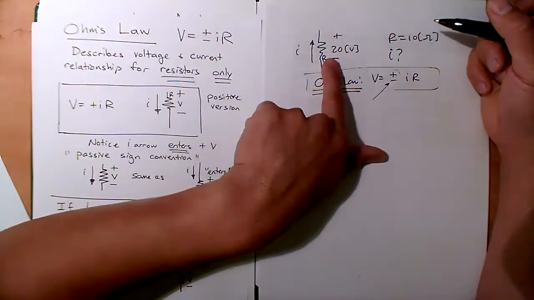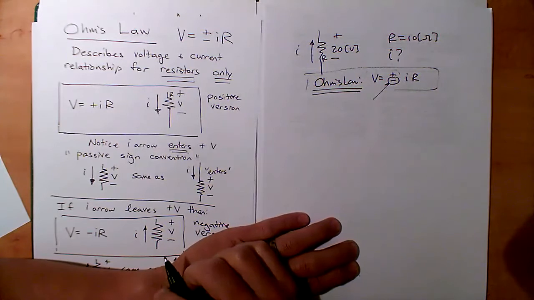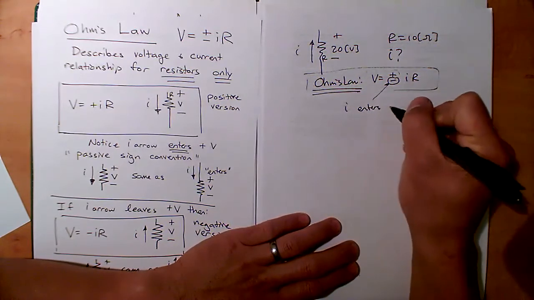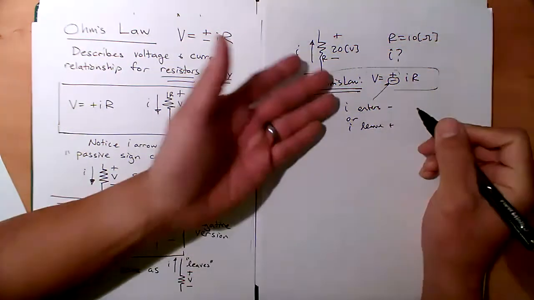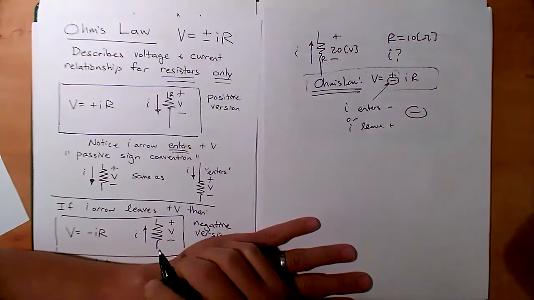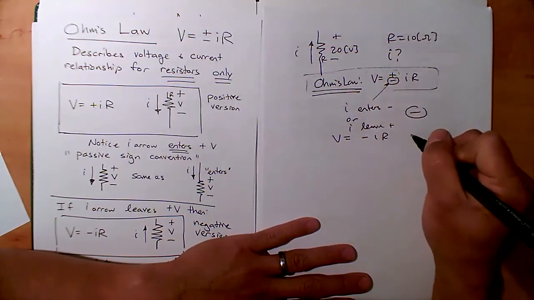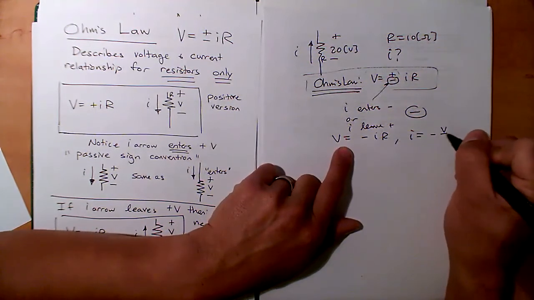And because it's hitting the negative terminal first, I think I'm going to use the negative version. So this is I enters negative, or I leaves positive. These are equivalent. Then I'm going to use the negative. So I'm going to rewrite it: V equals minus IR. And I want to solve for I. So I equals minus V over R.